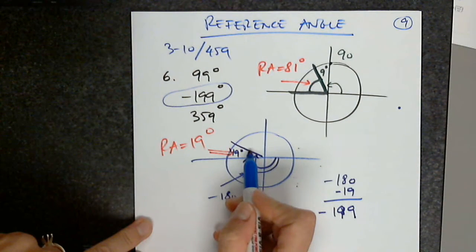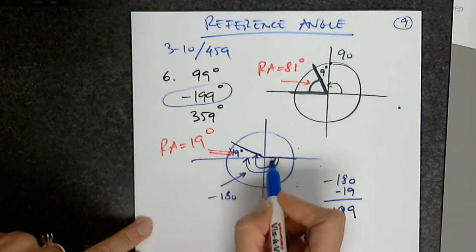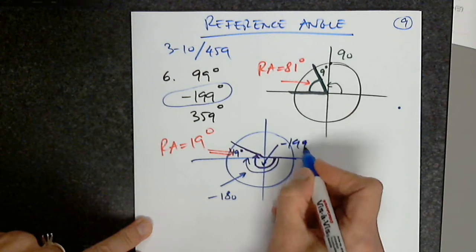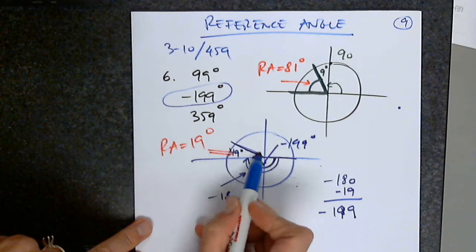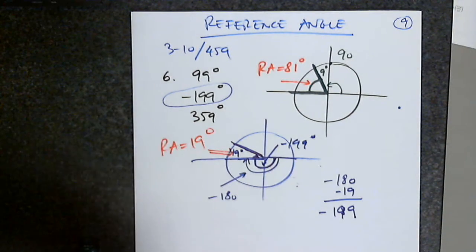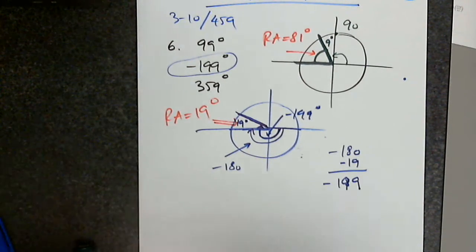So I have to continue another 19. So this is the angle between this and this. This angle is negative 199. So that's why the RA is between the terminal side and the x-axis. The reference angle is 19 degrees. Better?